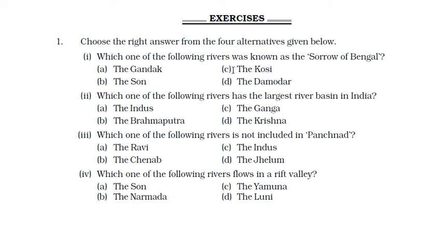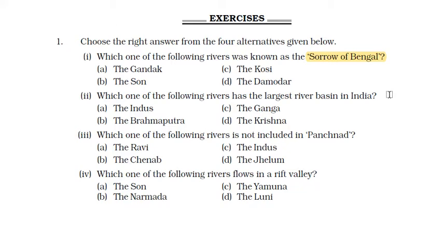which one of the following rivers was known as the Sorrow of Bengal? Now you have to be very careful while reading the question. Why? Because the question is asking about the Sorrow of Bengal. There are four options.